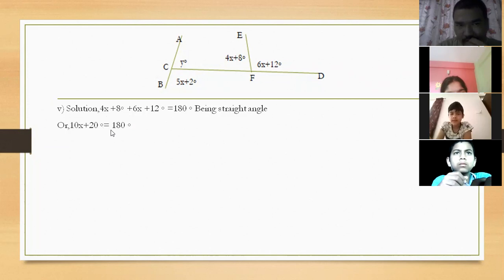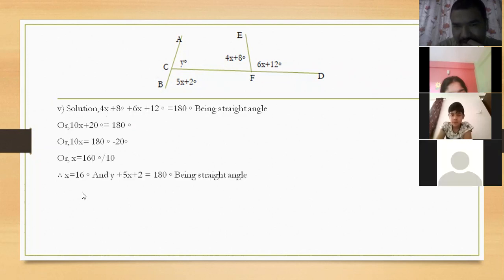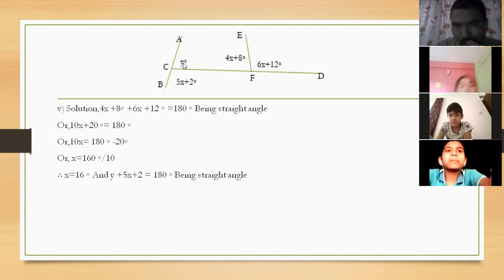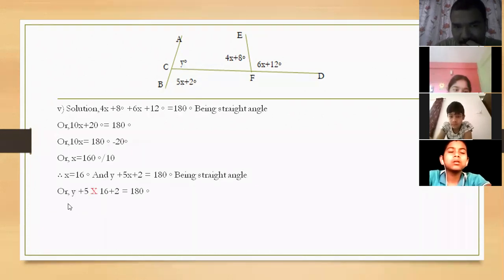Then when 20 degree goes this side, it will be minus 20, and it will be 160 divided by 10, you will get 16 degree. Value of x is coming there 16 degree. And after finding the value of x, 16 degree, we have to add now this y degree and 5x plus 2.